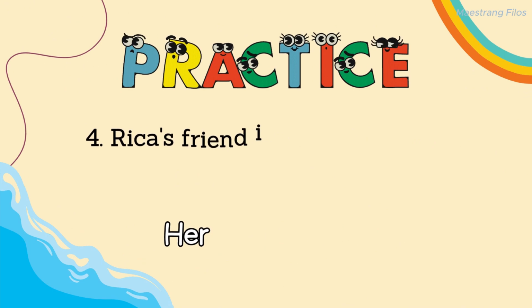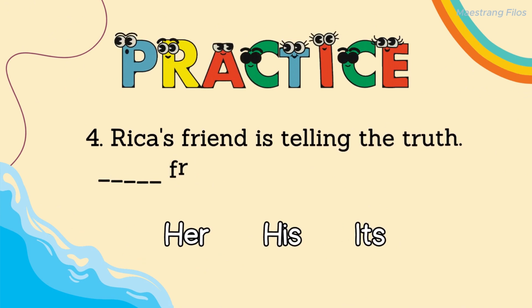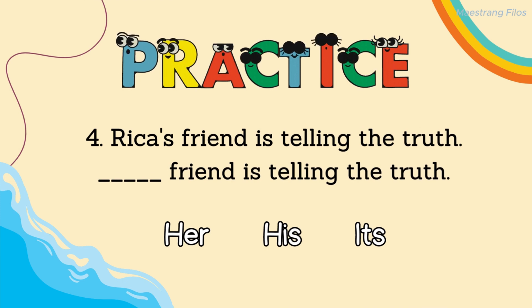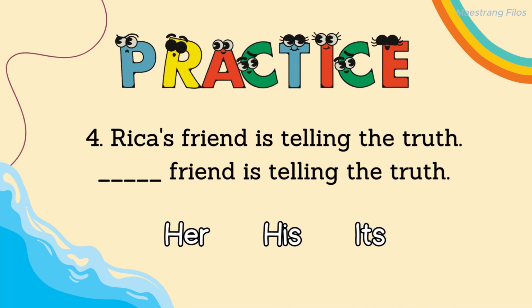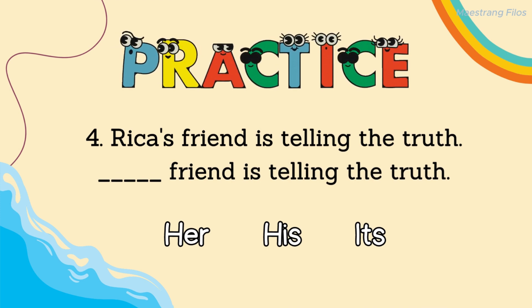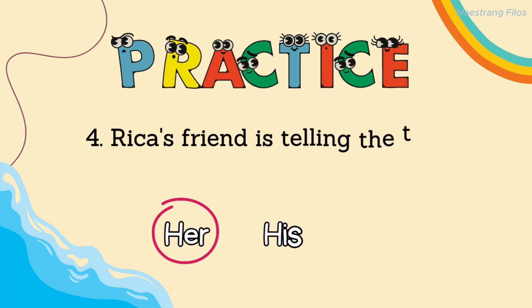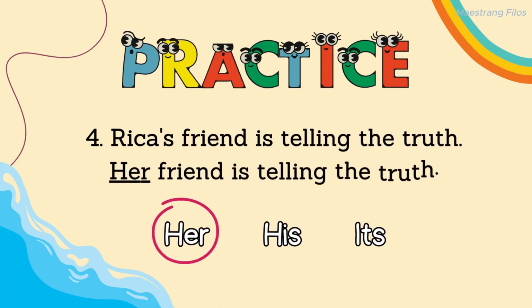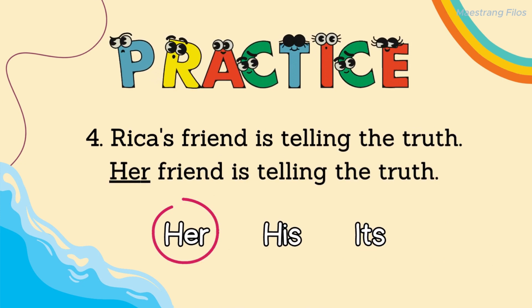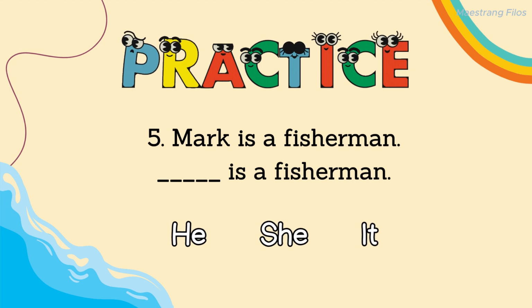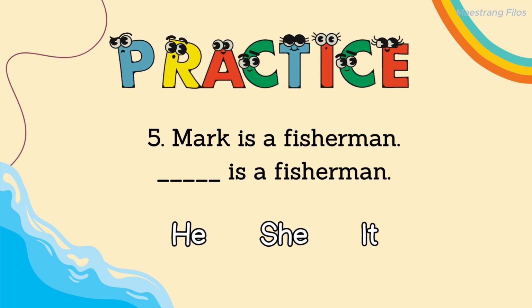Number 4. Rika's friend is telling the truth. Blank friend is telling the truth. Which is the correct pronoun? Her, his, or its? Correct! The answer is her. Her friend is telling the truth. Number 5. Mark is a fisherman. Blank is a fisherman.